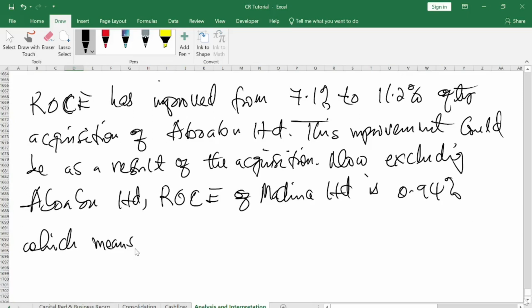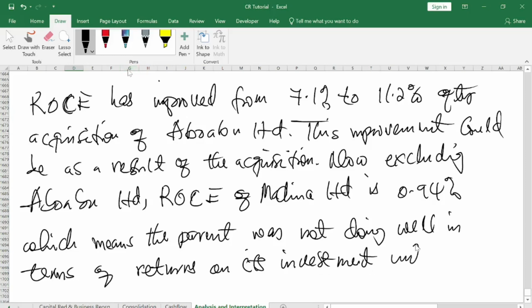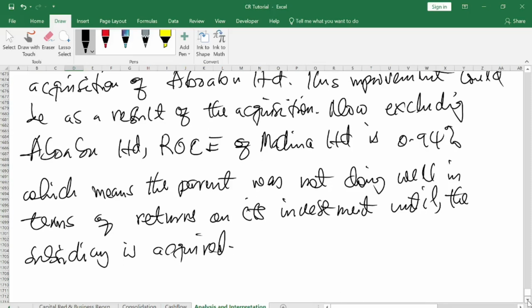Which means the parent was not doing well in terms of returns on its investments until the subsidiary is acquired. Then you'll pick the next one.